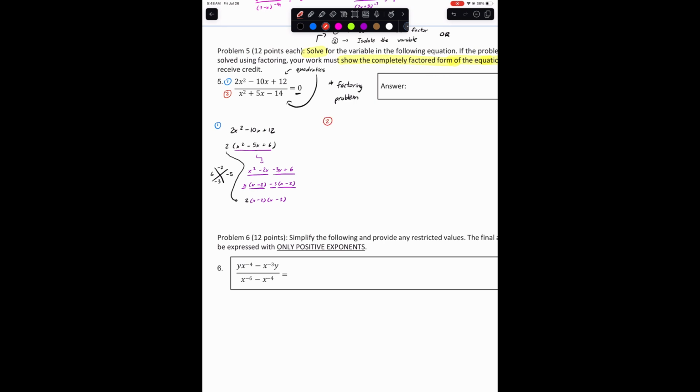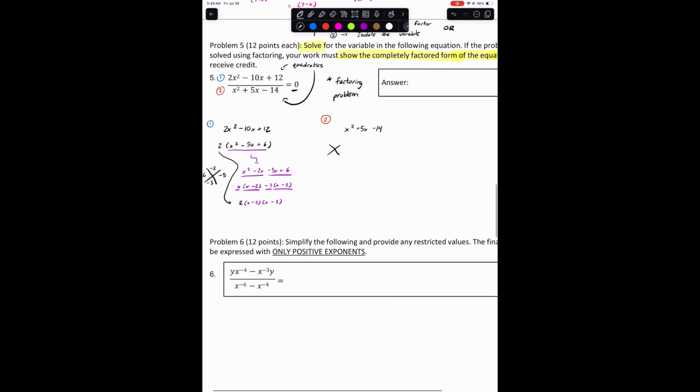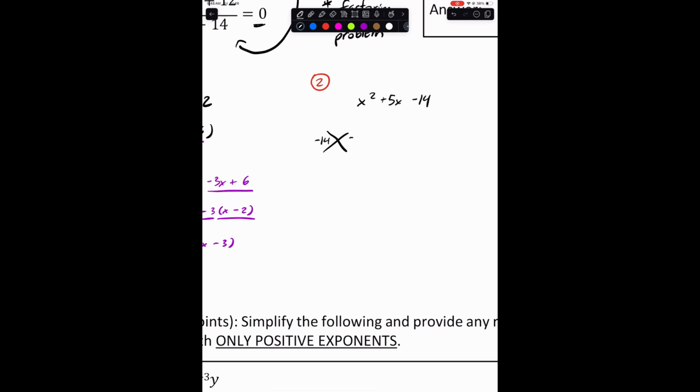I have x squared plus 5x minus 14. With the multiply method, I want two numbers that multiply up to 1 times negative 14, which is negative 14, and add up to 5. This would be positive 7 and negative 2.